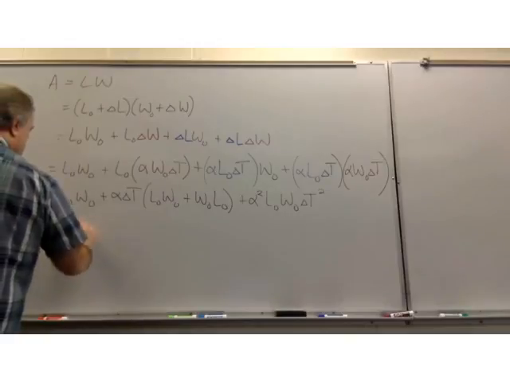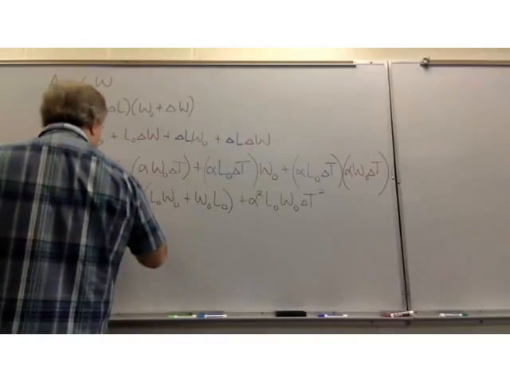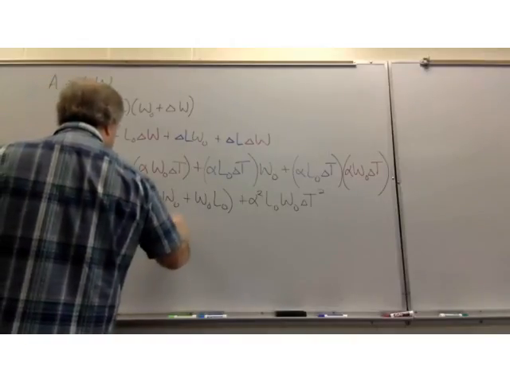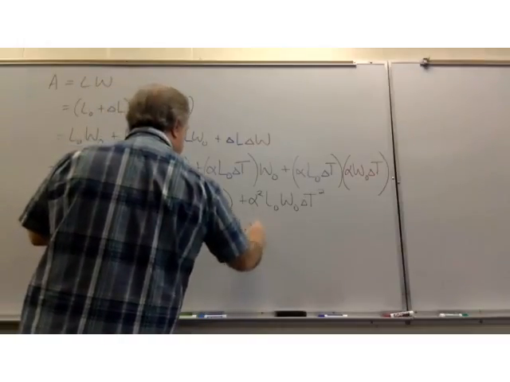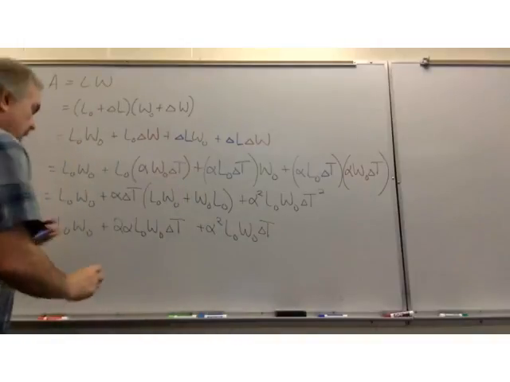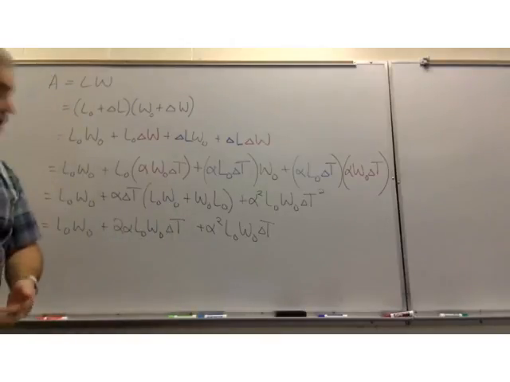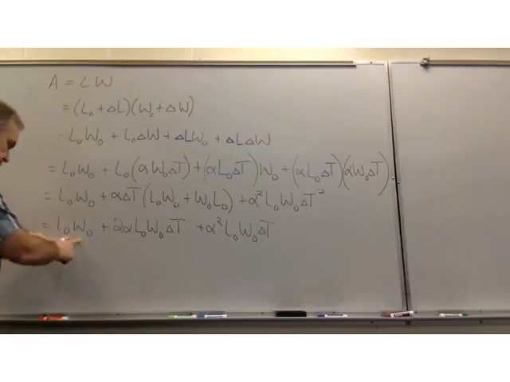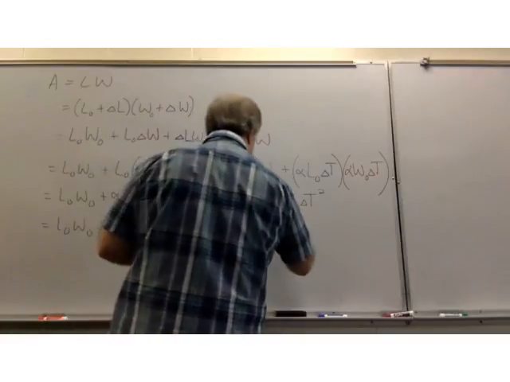So L naught W naught plus 2 alpha L naught W naught delta T plus alpha squared L naught W naught delta T. And now what I want to do is look at this and say, okay, I have L naught W naught here, L naught W naught here, L naught W naught here, and that's as far as it goes. It should be squared here.